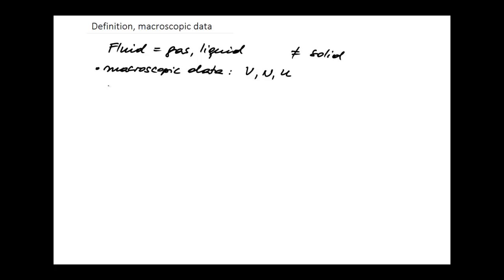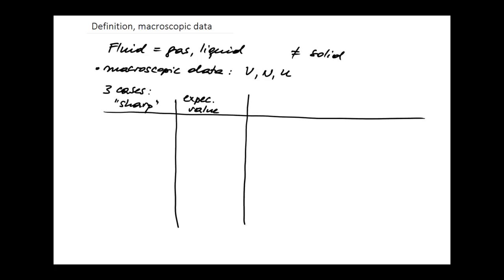So here we will generally have to distinguish three cases depending on which of these three variables is given as a sharp value and which is given as an expectation value. In the first scenario, all three variables are given as sharp values, and none of them is given as an expectation value.